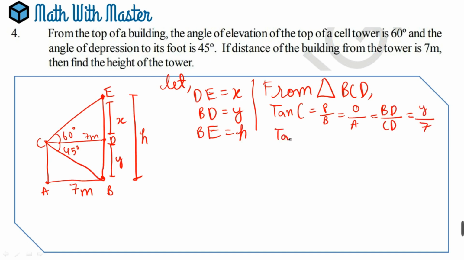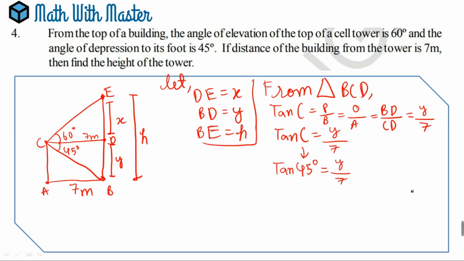So I can say tan C is equal to y upon 7. So instead of C, I can write 45 degrees, the value of C in triangle BCD. So tan 45 degrees is equal to y upon 7.